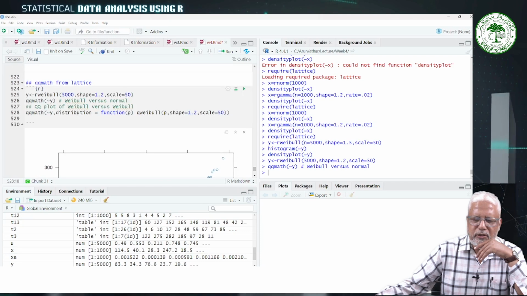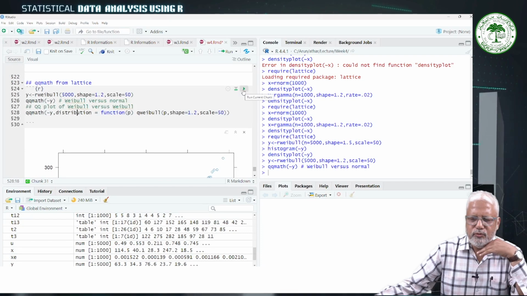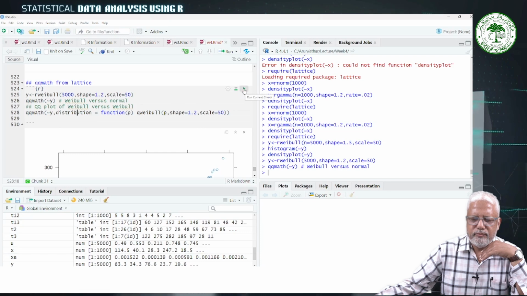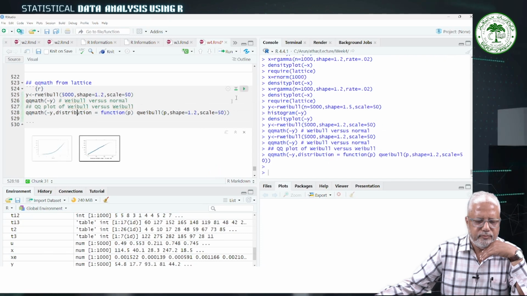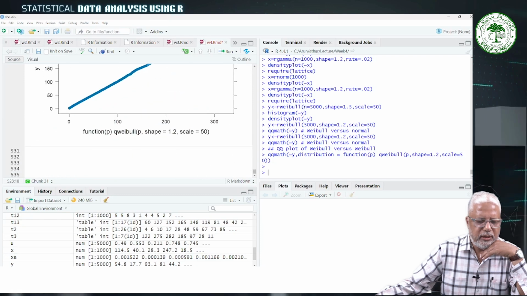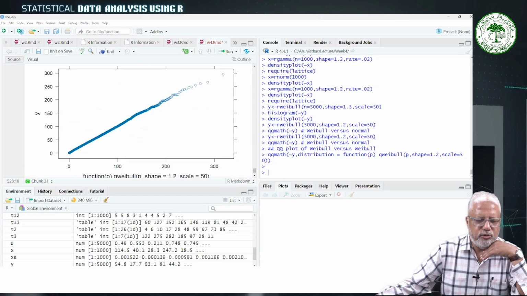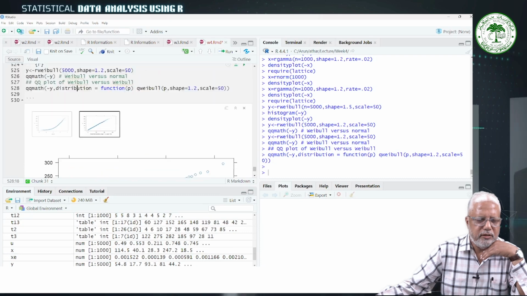If we run this, see, we get exactly y equal to x.